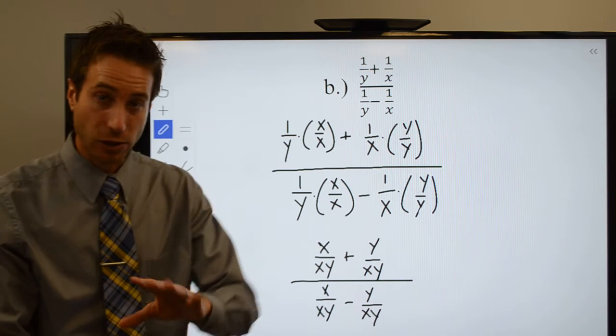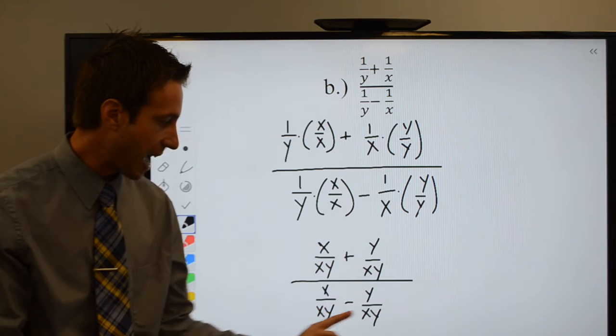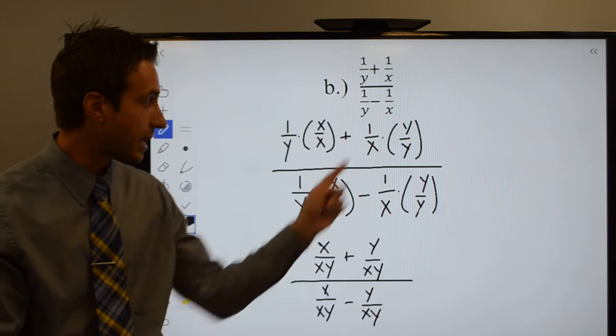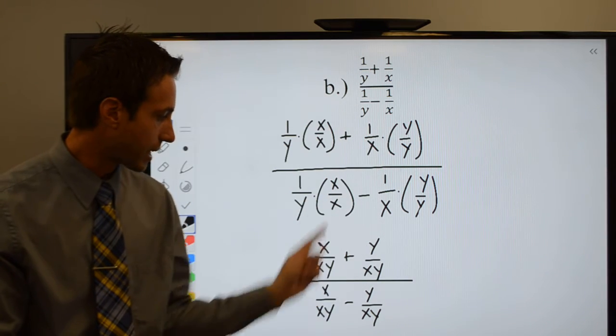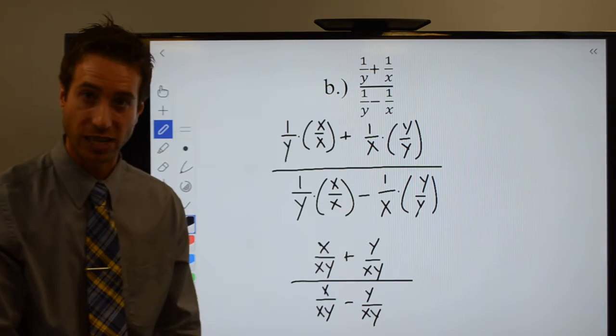Again, right, my LCMs are xy, so all my denominators had better be xy's. These guys in the top, 1 times x is x, 1 times y is y, 1 times x is x, and 1 times y is y. The only difference is addition in the top, subtraction in the bottom.